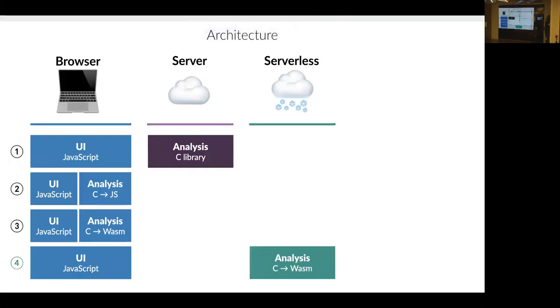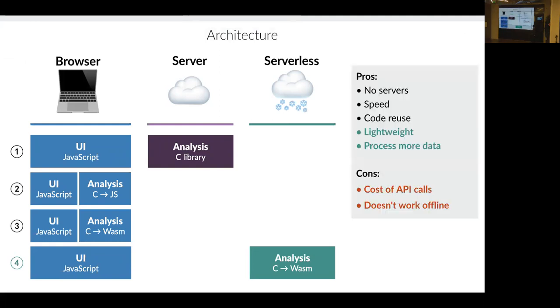Cool, so if we go back to this architecture list, now, in addition to having no servers, because we're not managing them ourselves, we also have the notion that this is more lightweight on the end user's computer. You're not making their laptop catch on fire if you do too much analysis.